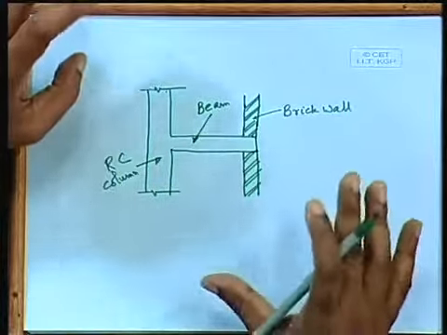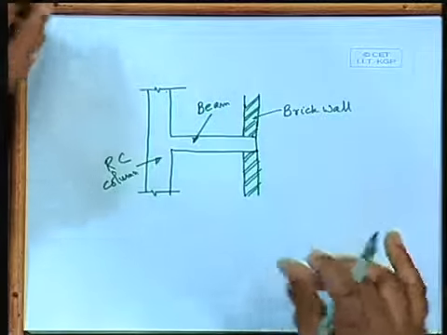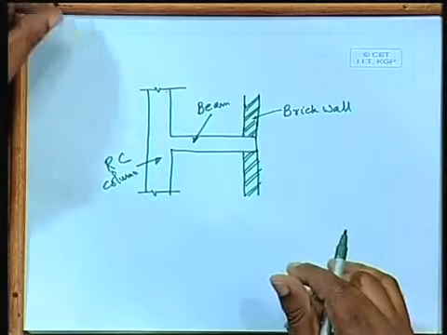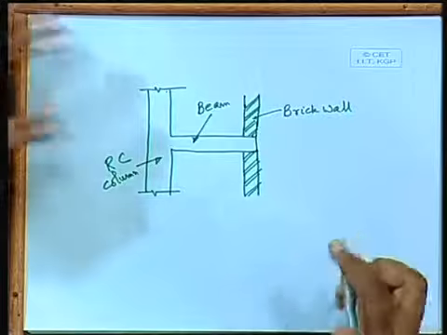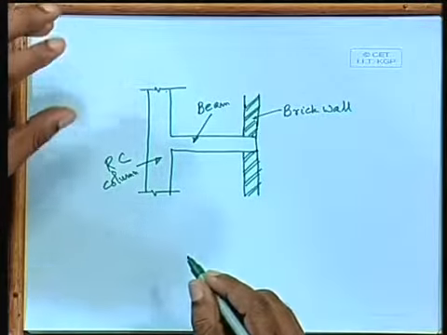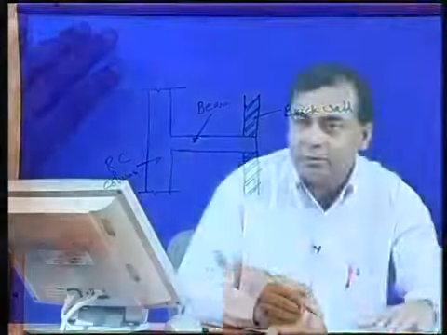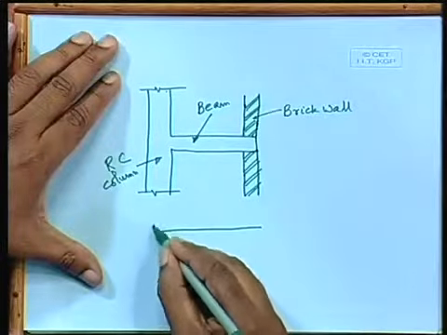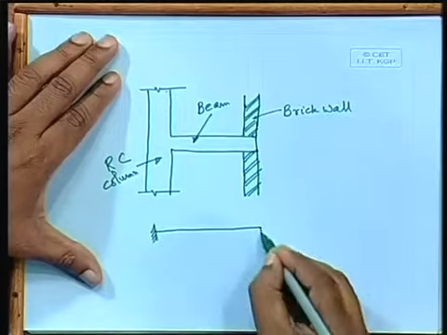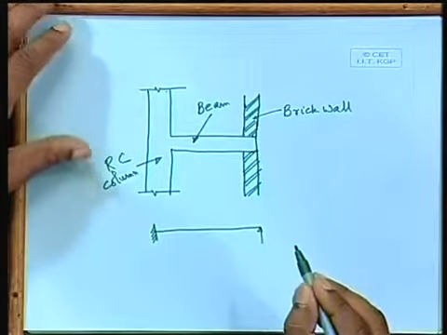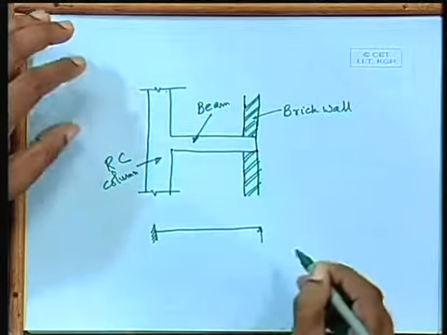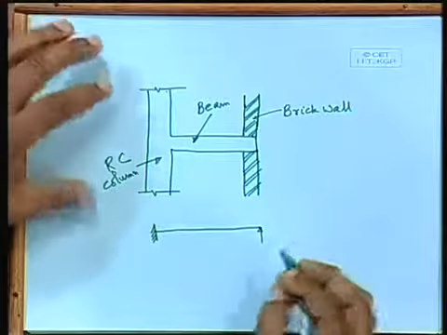What support condition should be suitable for this type of problem, because it is again different. So we can consider this one as a propped cantilever. That could be the more logical. We can assume this way, fixed and it is propped. So fixed and propped. So that could be the solution.